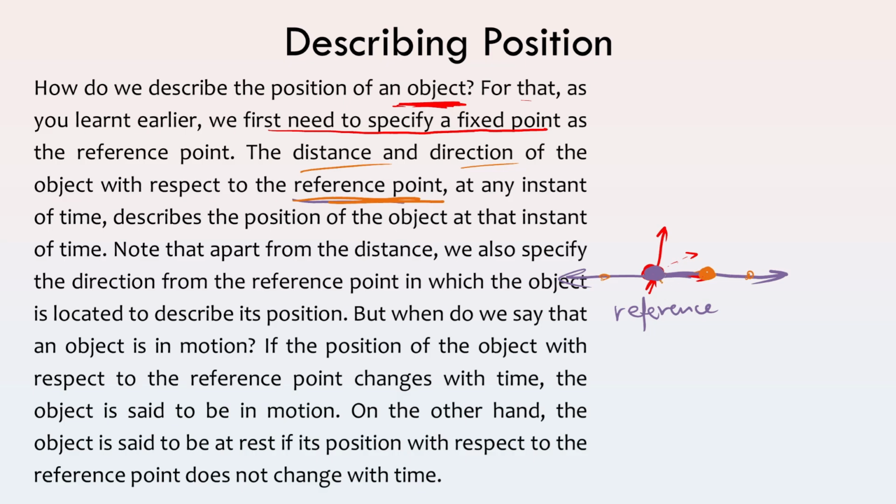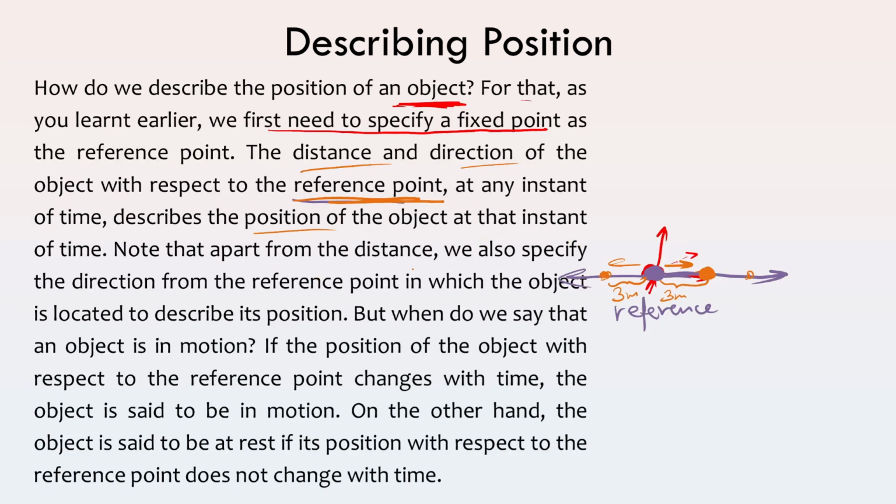First you need to tell the distance, that it is 3 meters away, 4 meters away, and also its direction. It can be here or here. This is also 3 meters and this is also 3 meters. So we need to define its direction also, whether it's right or left. That describes the position of the object at that instant. So we described its position.